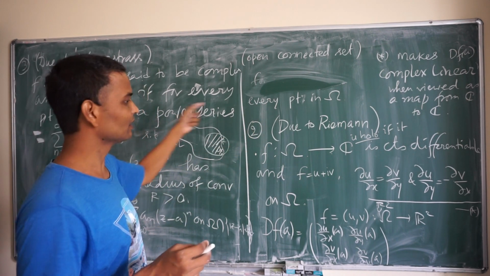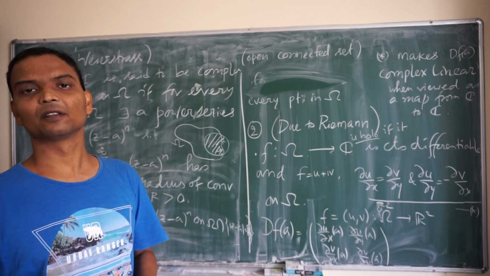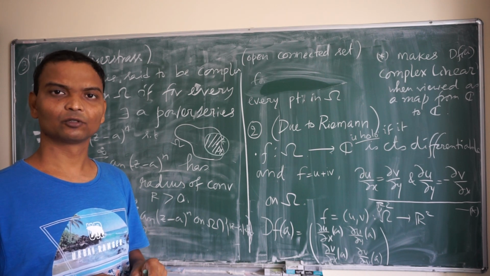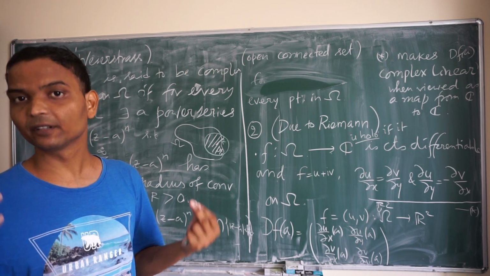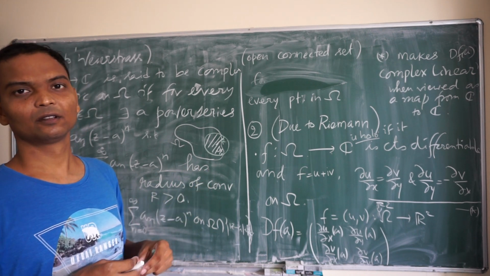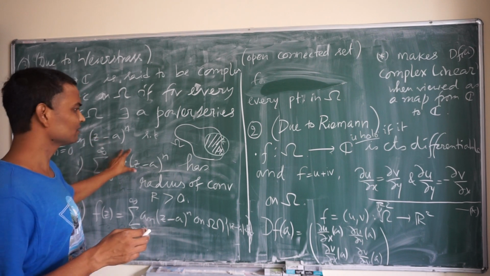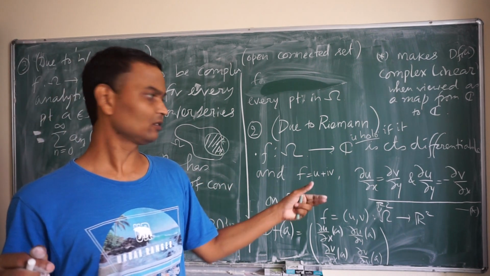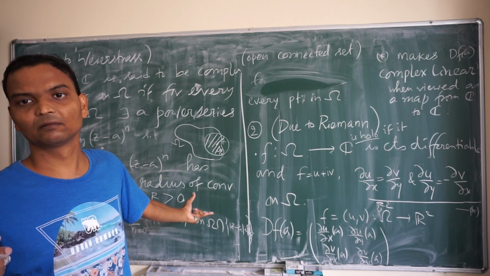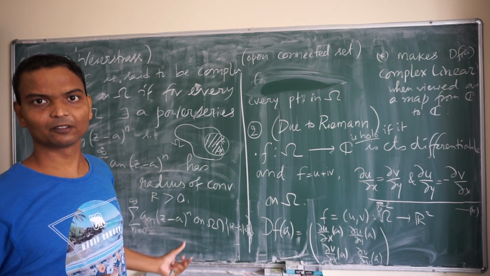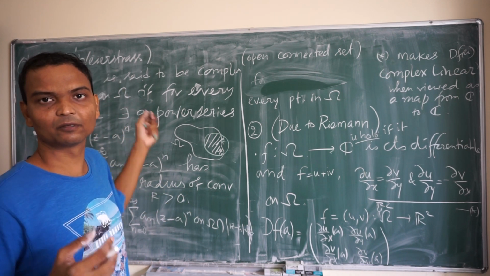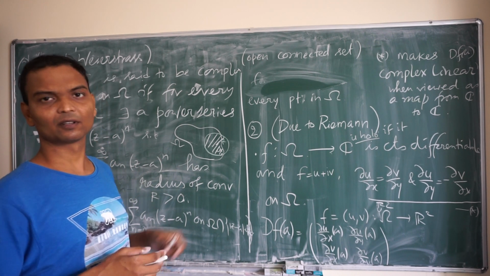But the equivalence of this and this is a little bit non-trivial; one needs to first develop the theory of integration. After that, one can do this equivalence. So this power series is very special. Just one differentiability here would give you infinite differentiability, and that too a power series. Once you know a power series, you know the coefficients in terms of derivatives, and you know a lot of stuff from here.